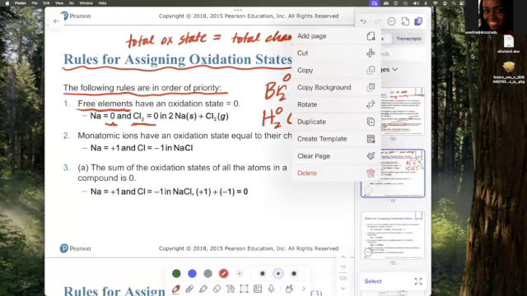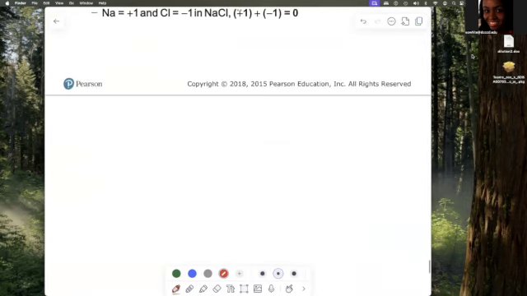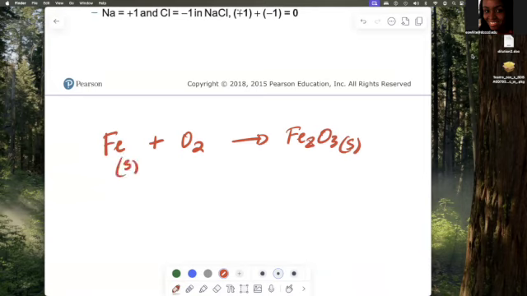Let me add a page. In our example of the balanced equation, say you have iron reacting with oxygen to form iron(III) oxide, like that, okay? What we're saying here is the oxidation state of iron will be 0 because there's no number here, so the charge is assumed to be 0.